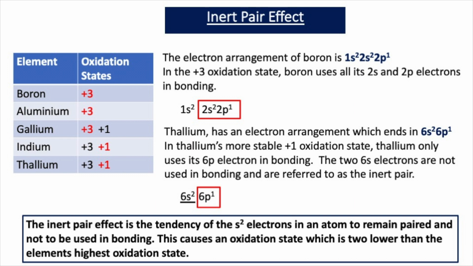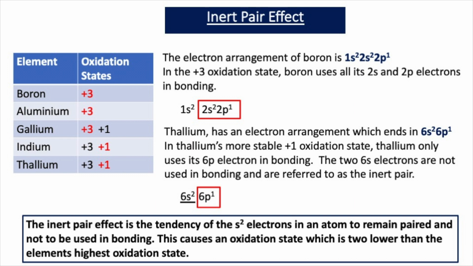So now let's look a little more closely at what we mean by the inert pair effect. The electron arrangement of boron is 1s2, 2s2, 2p1. In the +3 oxidation state, boron uses all its 2s and 2p electrons in bonding. You can see I put a red box around these electrons to show that it's these electrons that are used when boron bonds to another atom.